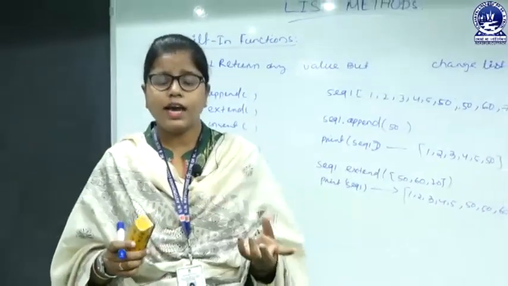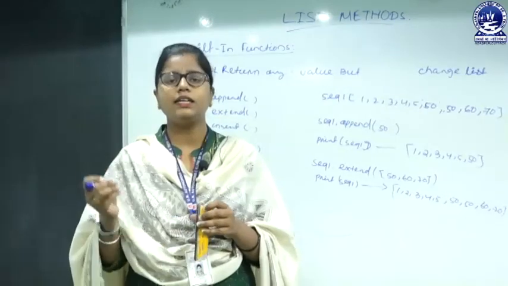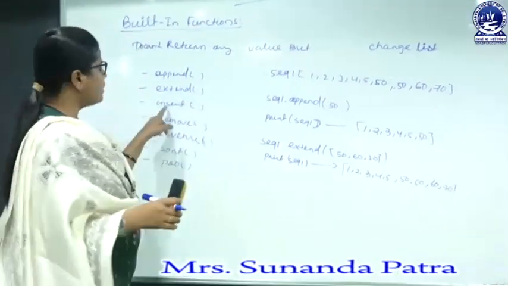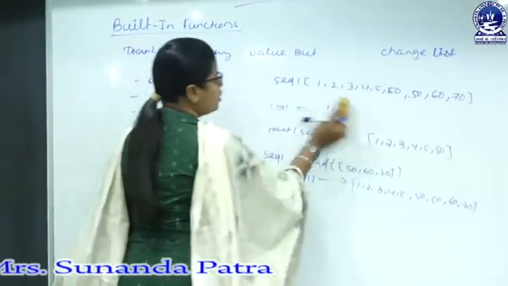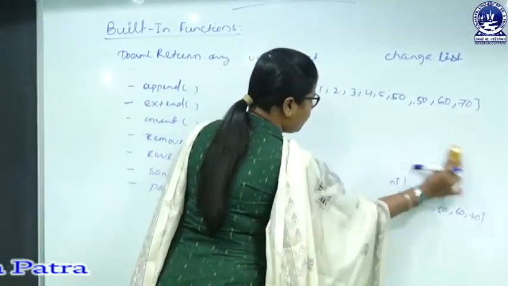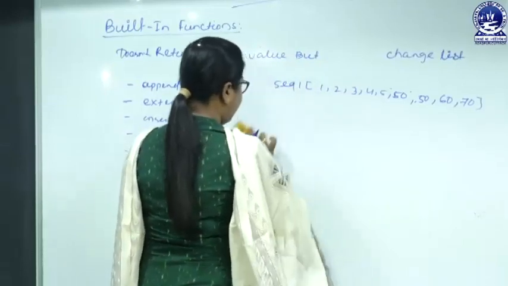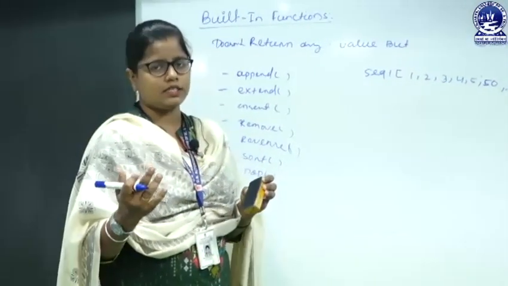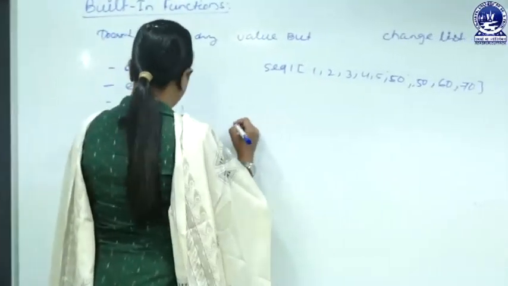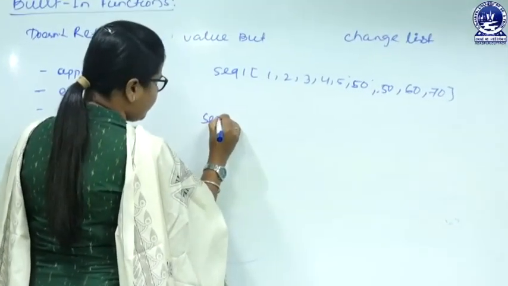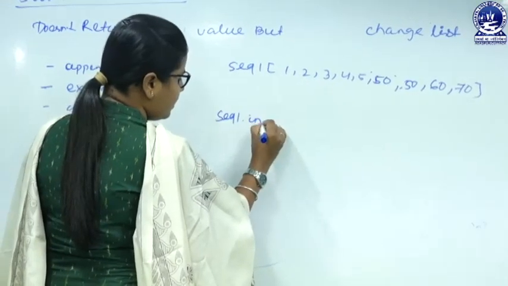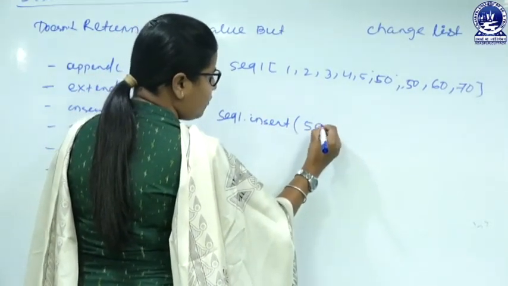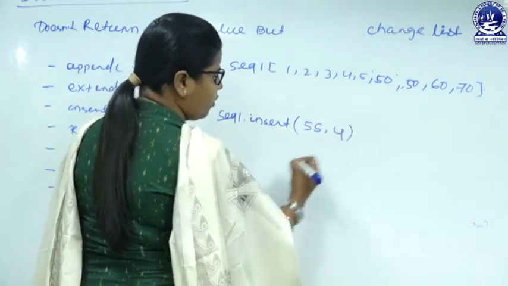So what happens when we want to add a value at any index? For that we have the insert function. By using the insert function, we can add an element at an index other than the last. Suppose I write here sequence 1 dot insert, and I want to insert 55 at index 4.